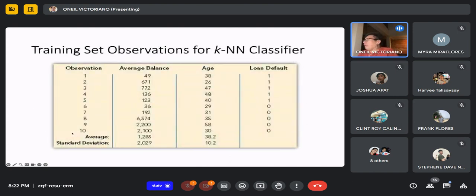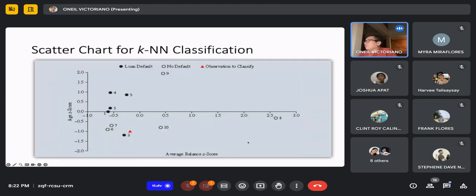So let me have the KNN. So example, there would be observation over the average balance for the age, bank balance. No? So there would be loan, yes or no, kung pwede ka mag-loan or hindi. No? So there would be a scatter chart for KNN classification.